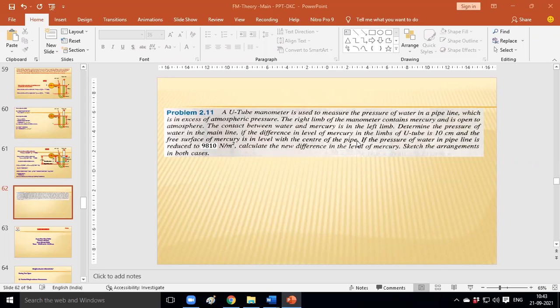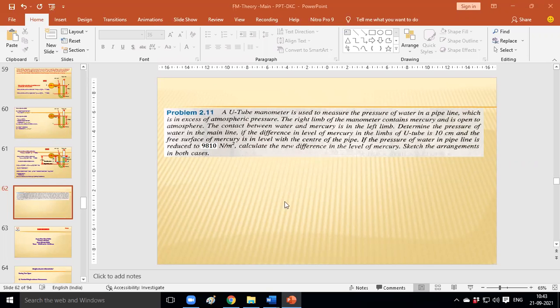Up to this point, is this numerical and the previous numerical same or different? Same. One more additional term is mentioned: if the pressure of water in the pipeline is reduced to 9810 Newton per meter square, calculate the new difference in level of mercury and sketch the arrangement of both cases.